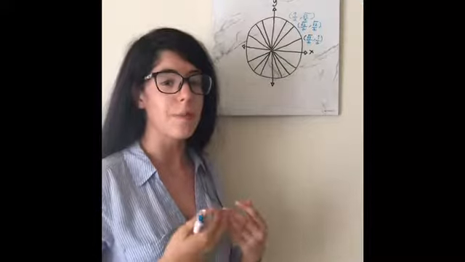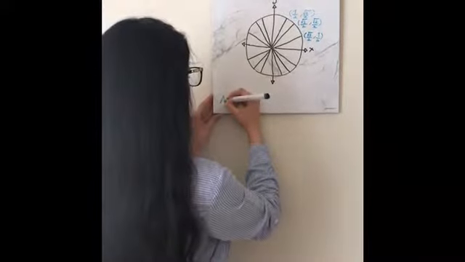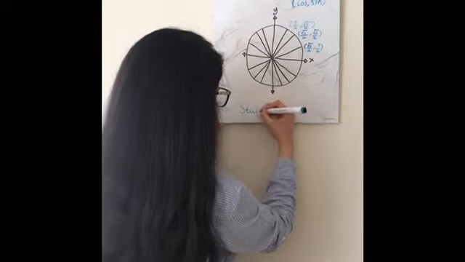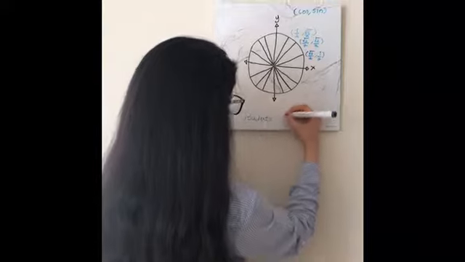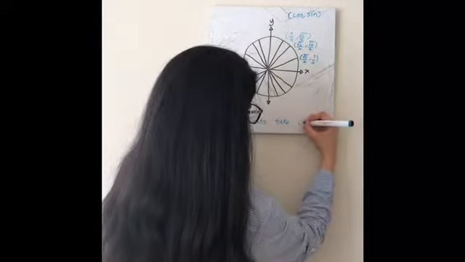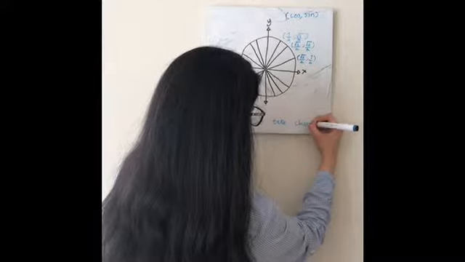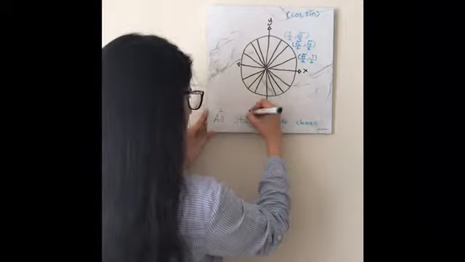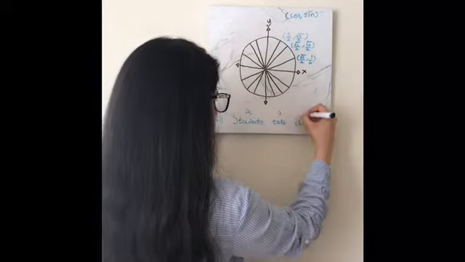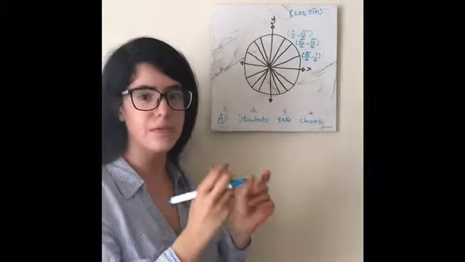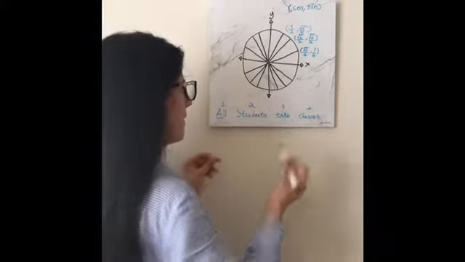You could use the rules of a basic graph, or you could use the phrase "All Students Take Classes." This is for the first quadrant, this is for the second, third, and fourth quadrant. A means that every single value is going to be positive.